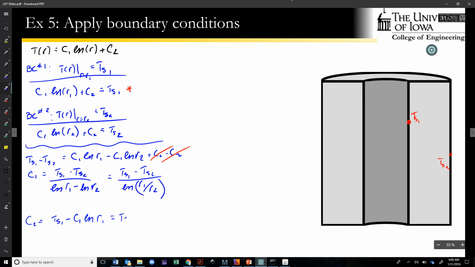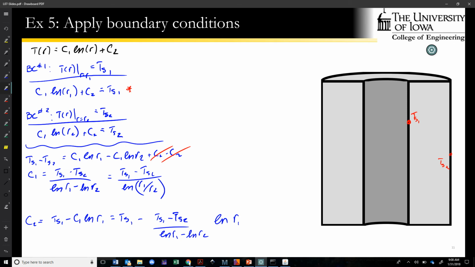We'll go ahead and leave this in the earlier form. Oh, sorry, that's going to be TS1. That's going to be 1. Okay.